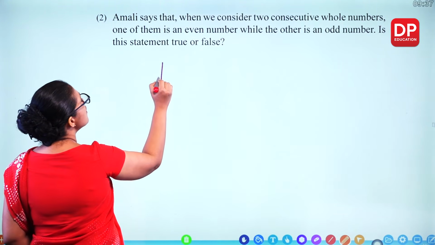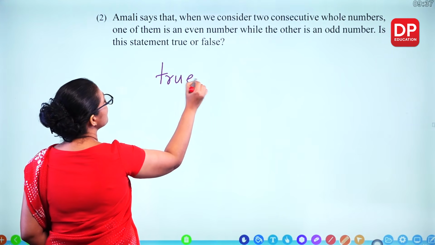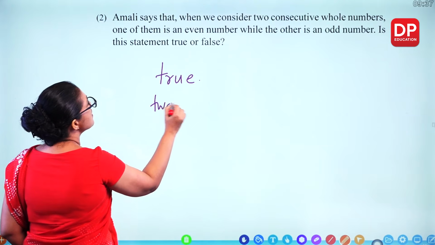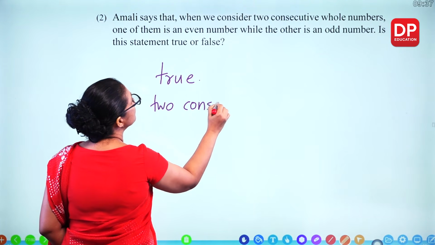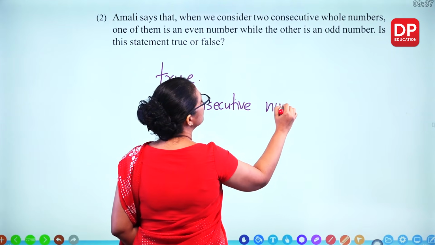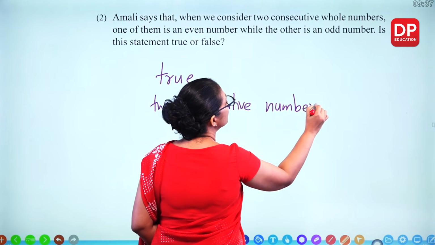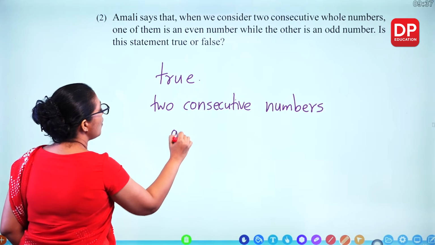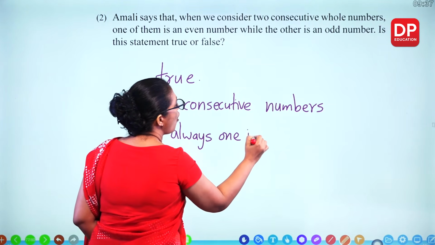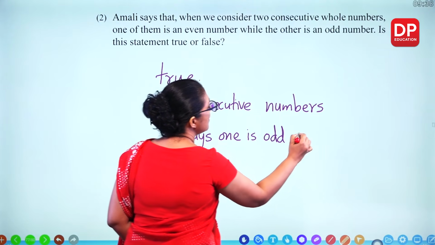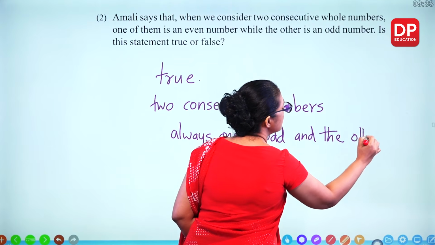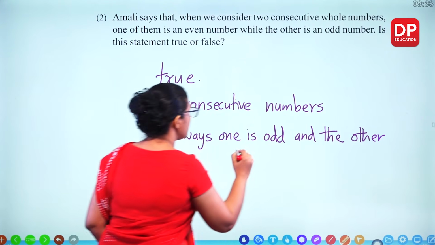So this is true, because we are taking two consecutive numbers. Always one is odd and the other is even.